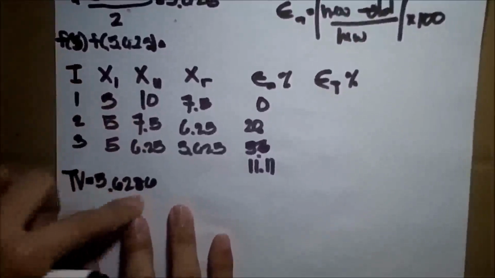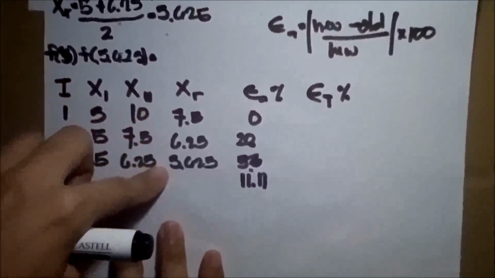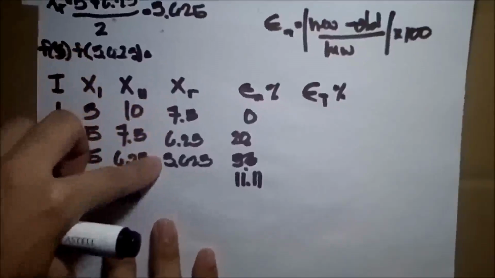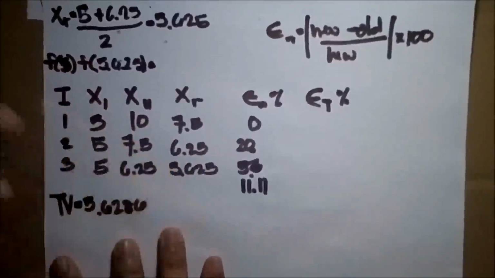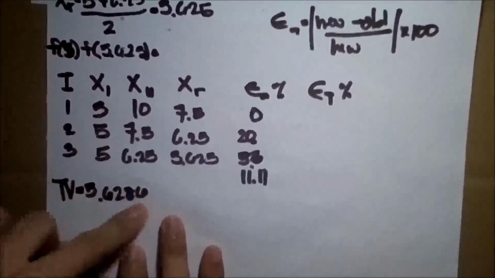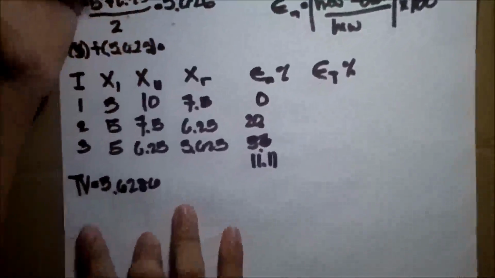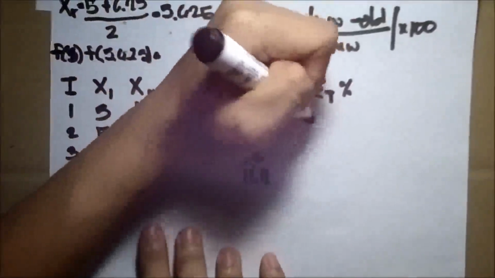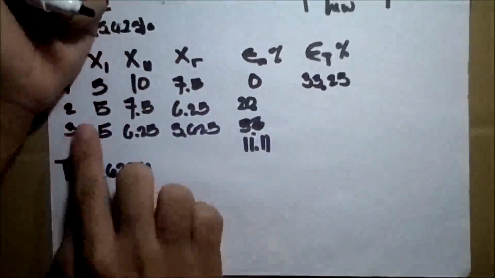We must subtract it from 7.5, 6.25, and 5.625 respectively in each interval, and then divide the answer by the true value times 100 to get the true error. In the first iteration, the true error will be 33.25%.